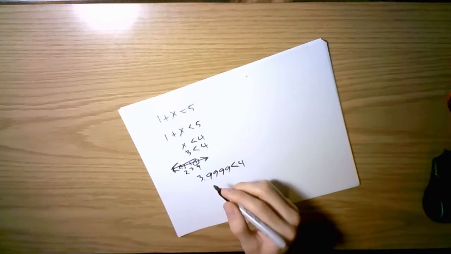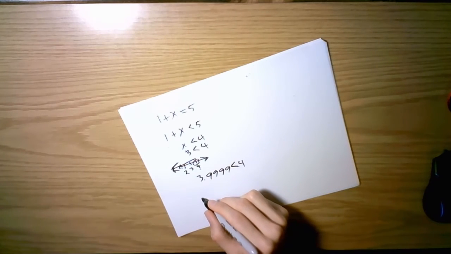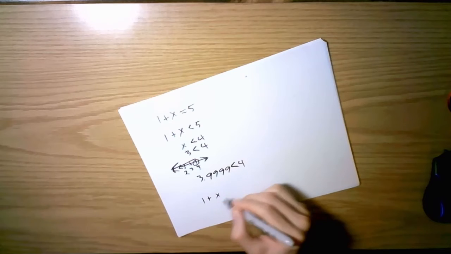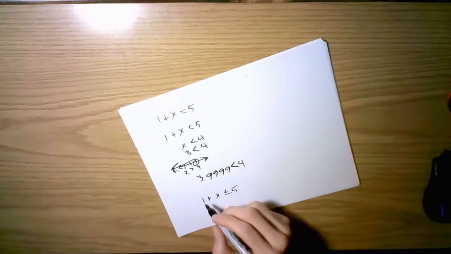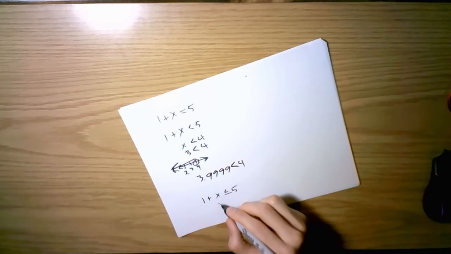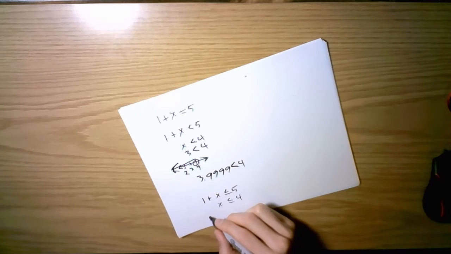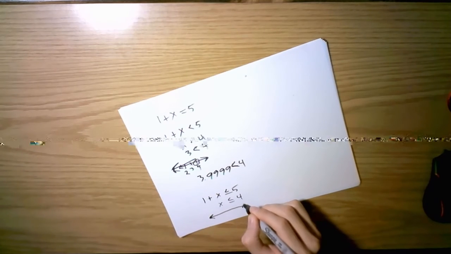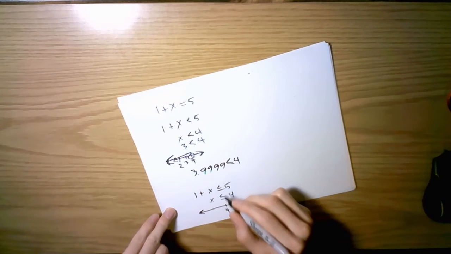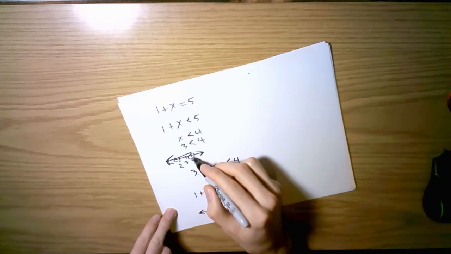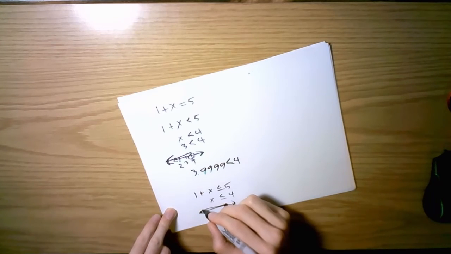To give another example, sometimes you've got 1 plus x is less than or equal to 5 instead of just less than. The difference with this is that when you solve it, you'll get x is less than or equal to 4. If you're showing it on a number line and you've got the 4 right there, instead of doing a hollow circle like I did up here, you'll do a filled-in circle.